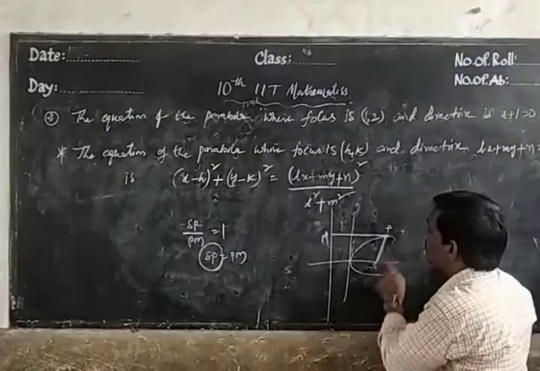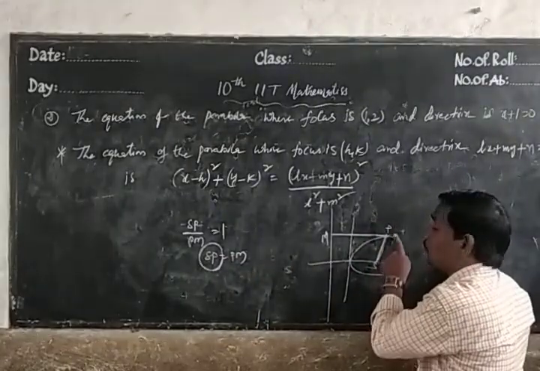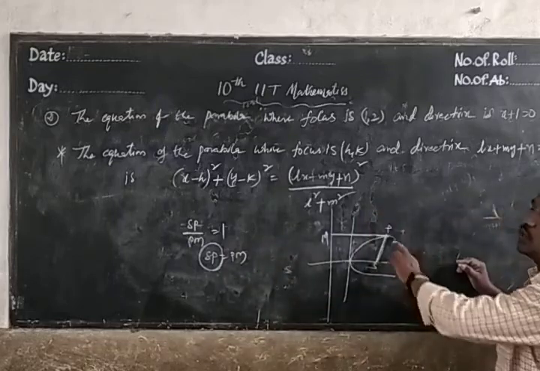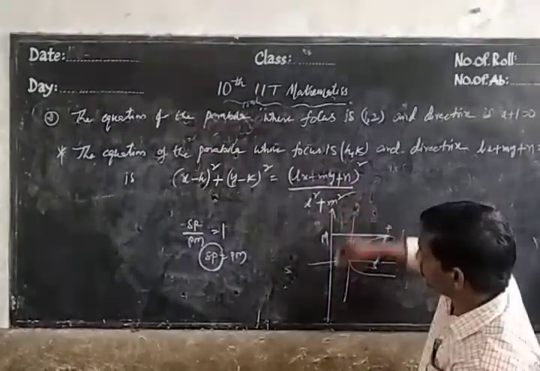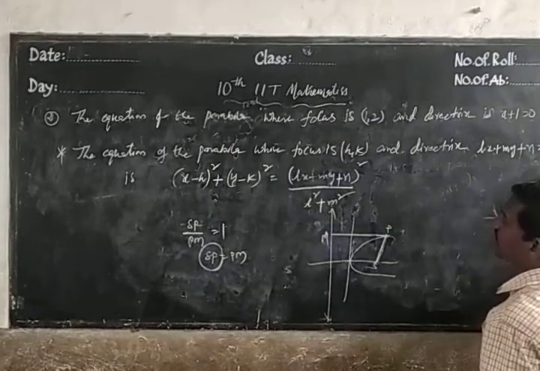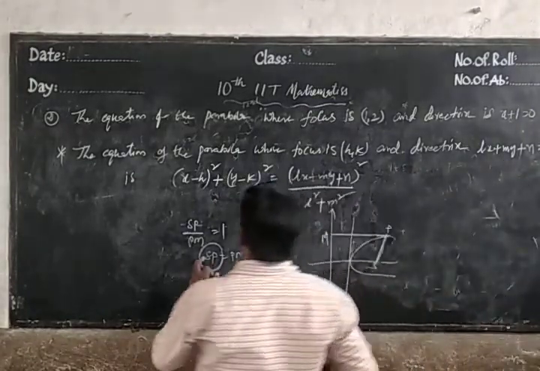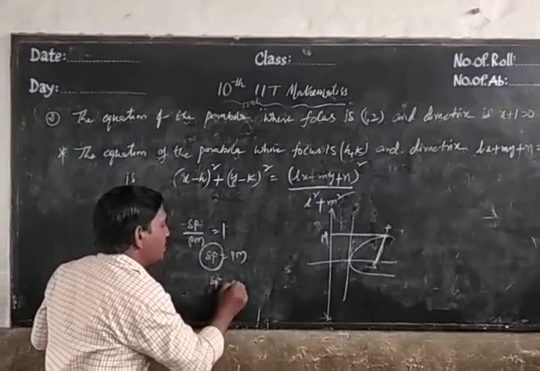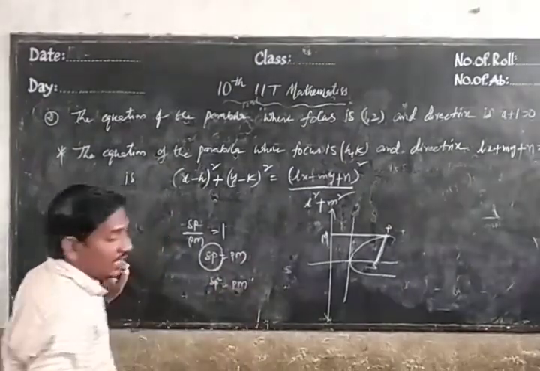By cross multiplication, SP equal to PM. SP means the distance between the 2 points, focus and point on the parabola. PM means the perpendicular distance to the directrix, that means Lx plus my plus n. So SP square equal to PM square.